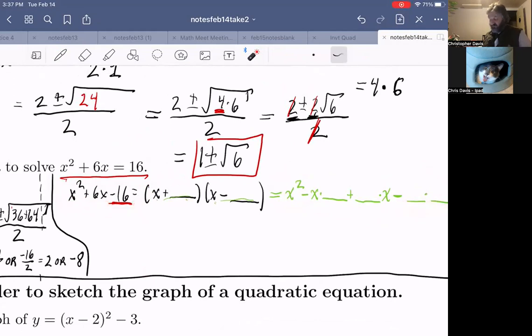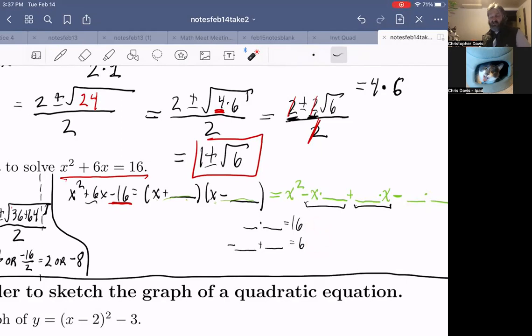So I need two numbers that multiply together to be 16. I also need minus one of the blanks plus another one of the blanks results in 6. So minus blank plus blank equals 6. All right, so it looks like I want a factorization of 16 that satisfies this condition.